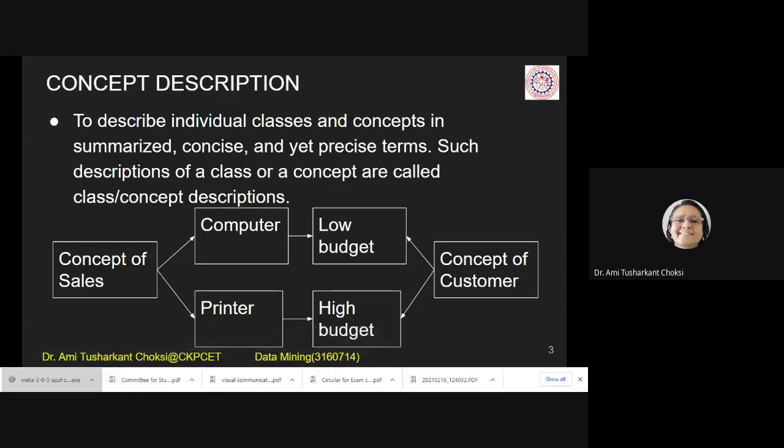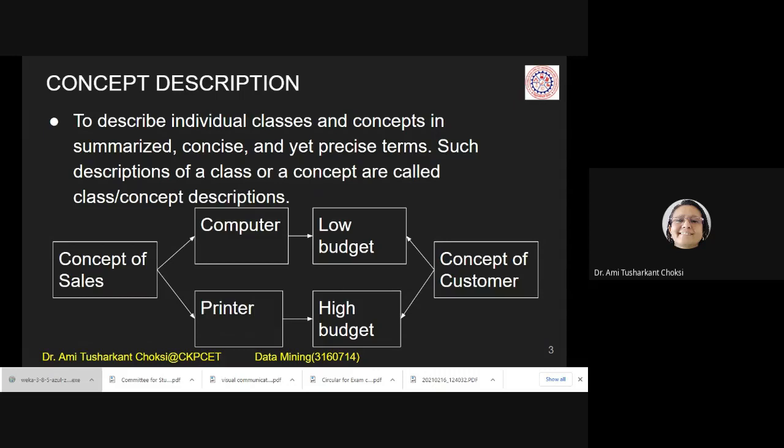So he is having sales of computers, printers, mouse, and many other things, right? So that is the concept of sales, where the basic concepts are computer and printer, right? For this particular figure, we can have some more also. Scanner can be there, many other things can be there, right? We are only giving the description for this particular figure, right? Okay, so the concept of sales for a particular hardware vendor.